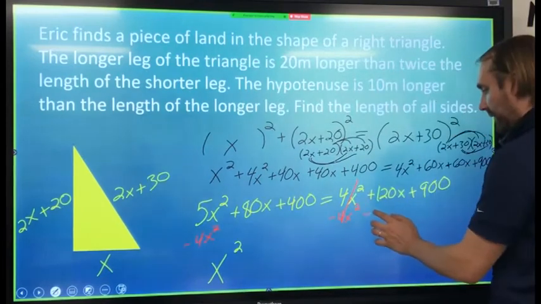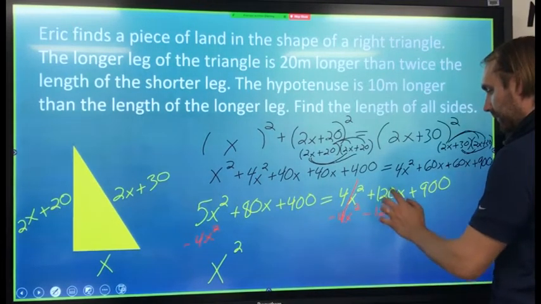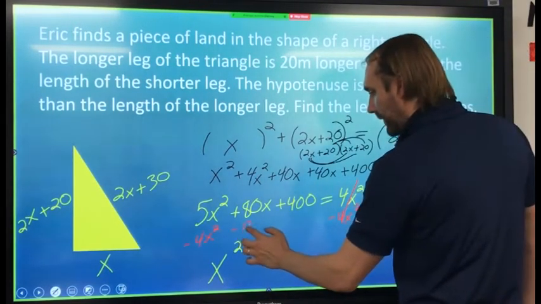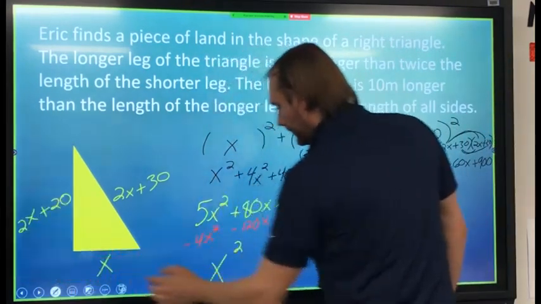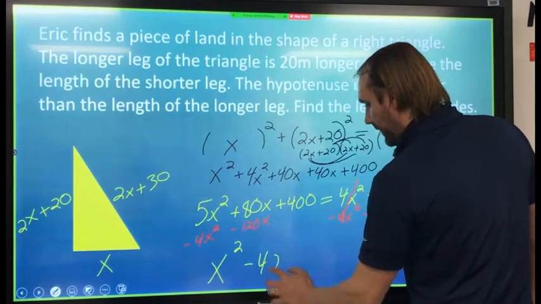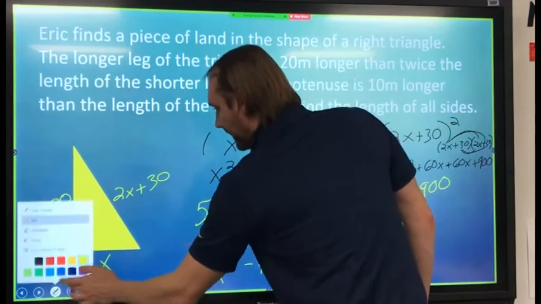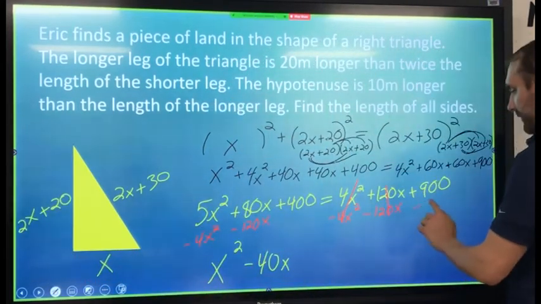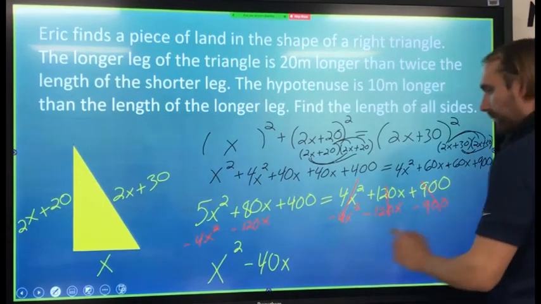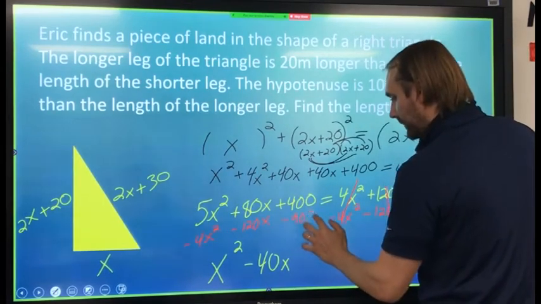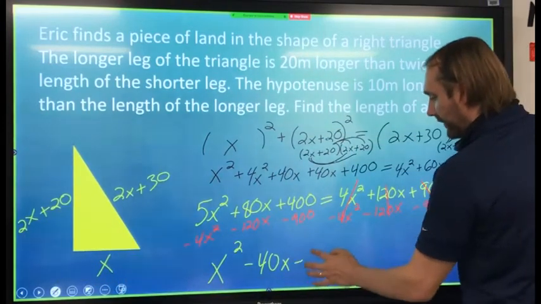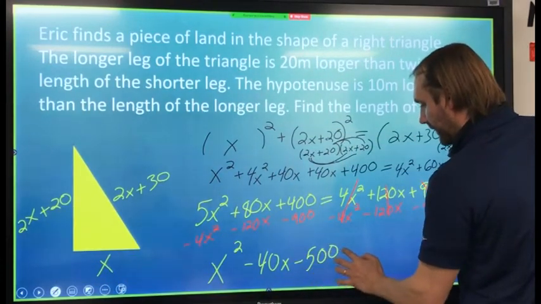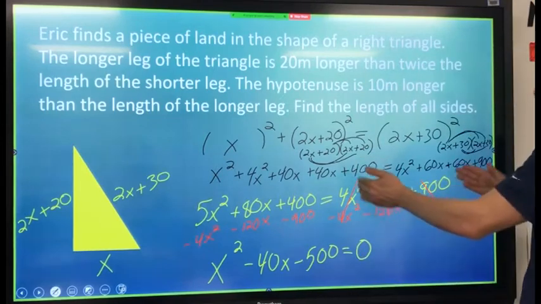Subtract 120x: 80x minus 120x is negative 40x. Subtract the 900: 400 minus 900 is minus 500. And that equals 0 because I got rid of everything here.